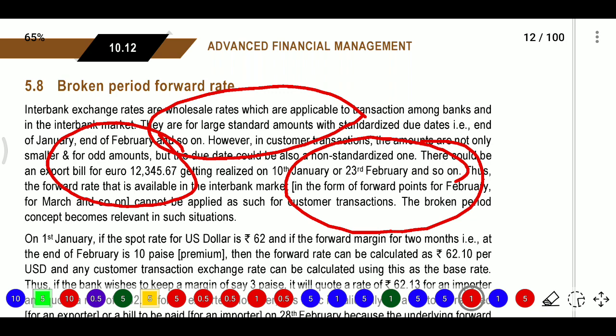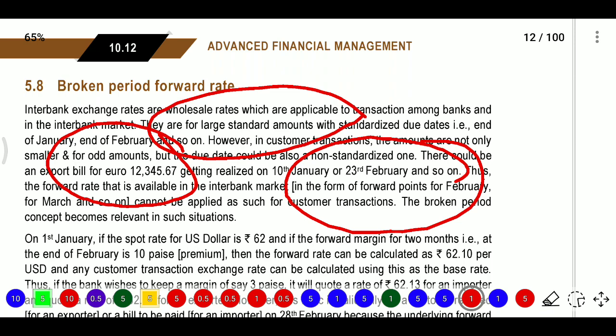That is the broken period concept. The broken period is not there, meaning the ending period is not there. So we should not apply the forward points concept here.